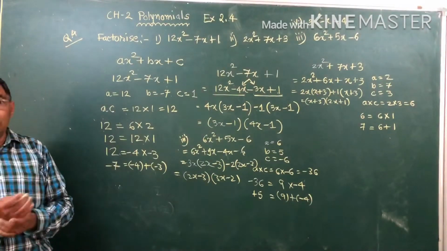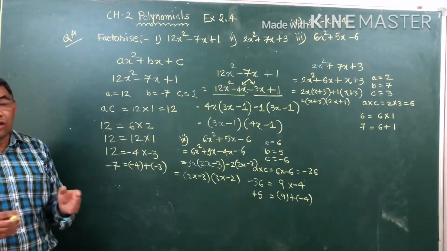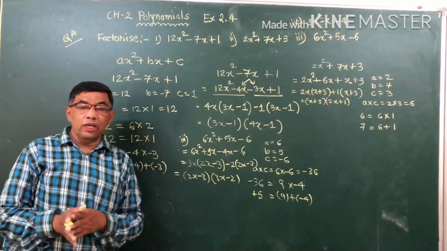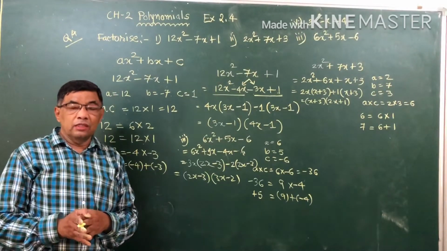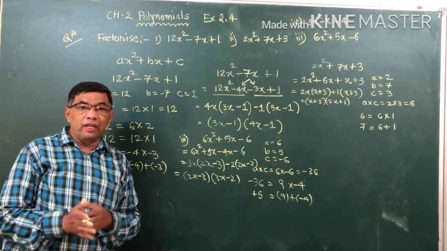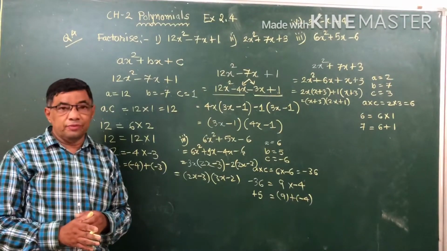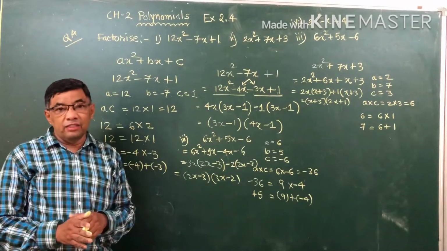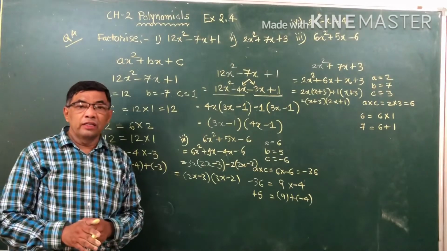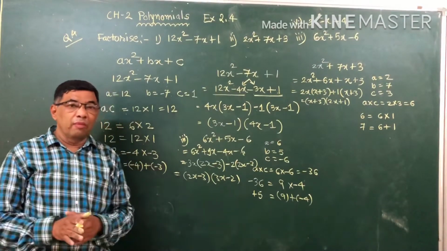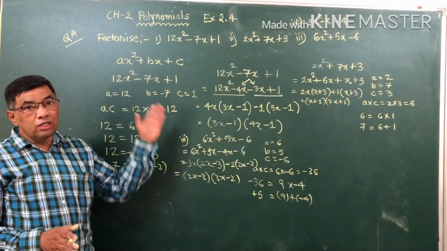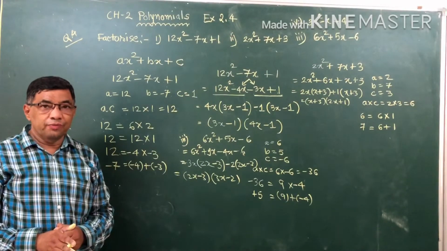So the total possibilities to get a into c plus, there are two possibilities. Both the factors are plus, then you get plus, and if both are minus, then also you get plus. If anyone is minus, then the multiplication you get is minus. So keep this in mind and solve this type of questions.